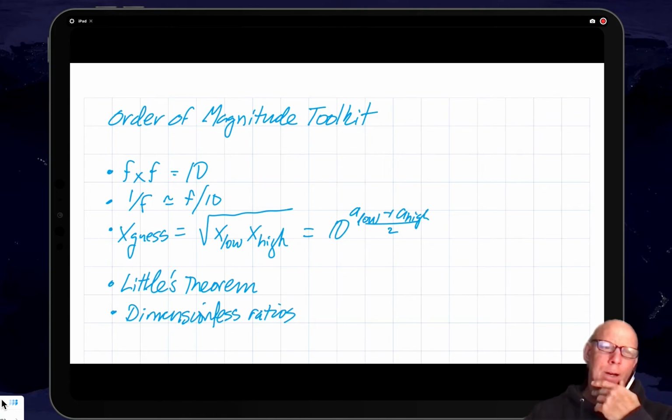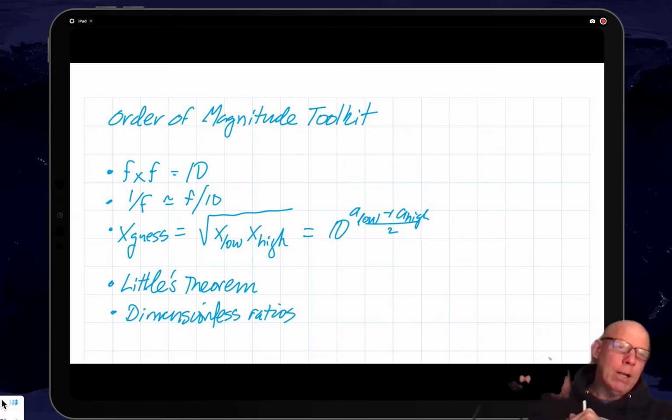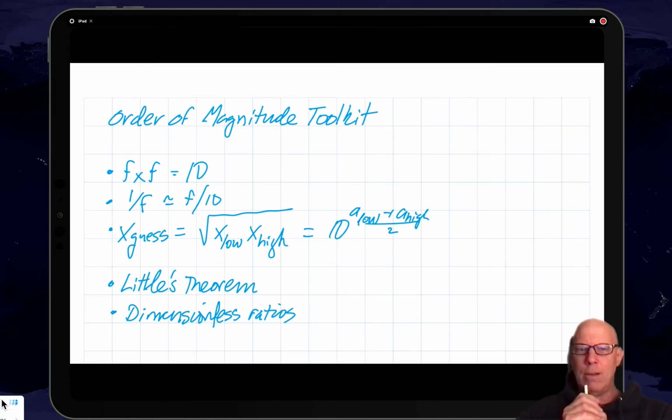I do it in orders of factors of 10. I come up from below and keep asking myself, is the number of interest bigger than this? As long as I feel confident that it is bigger than my guess, I go one more factor up in scales of 10 until I start to feel that little bit of uncomfortableness.